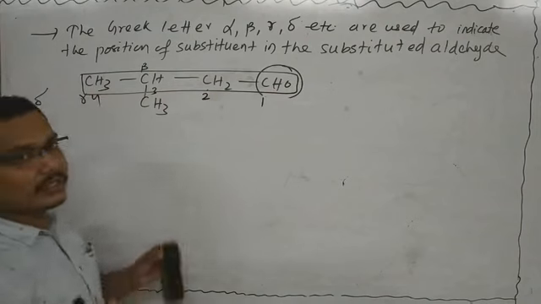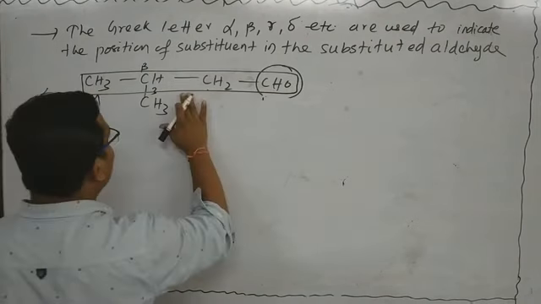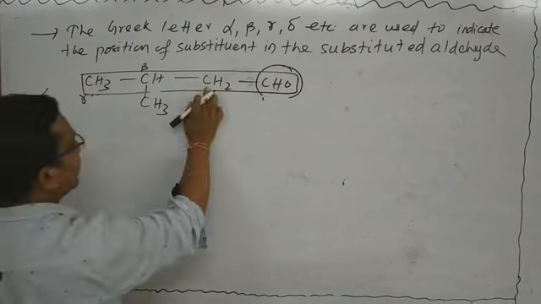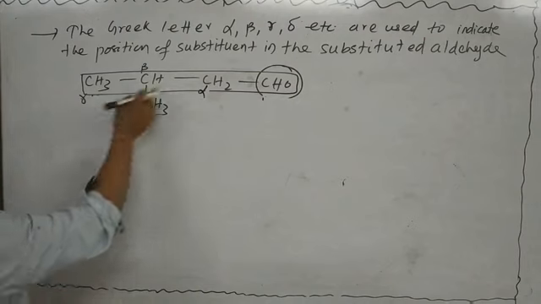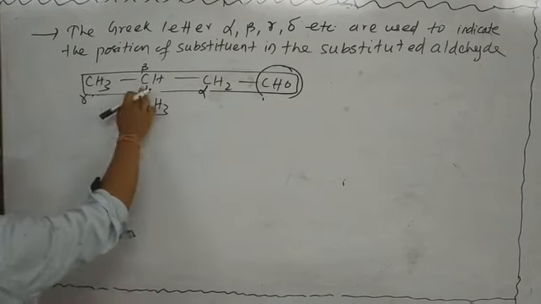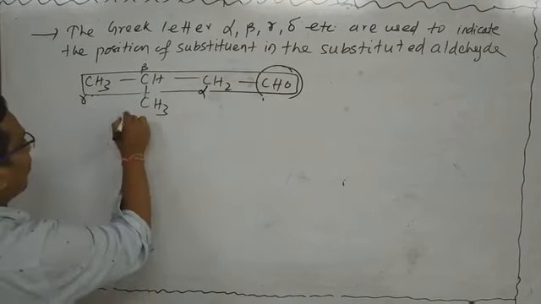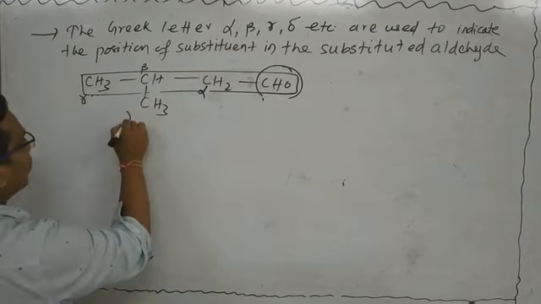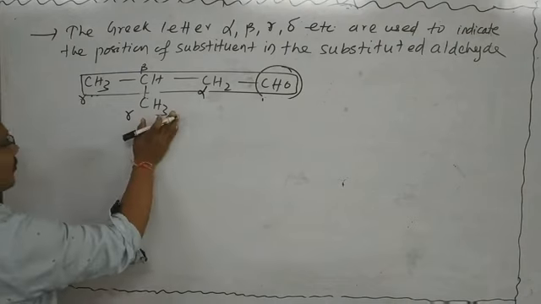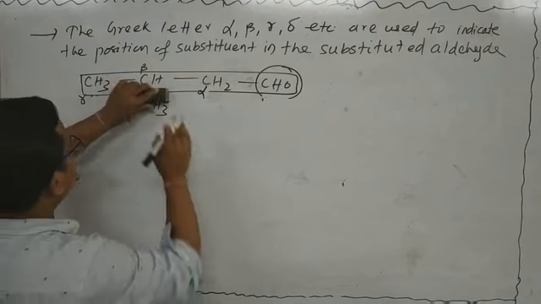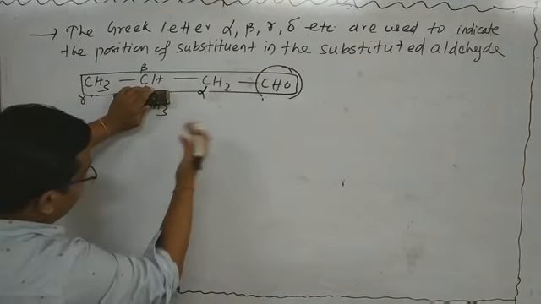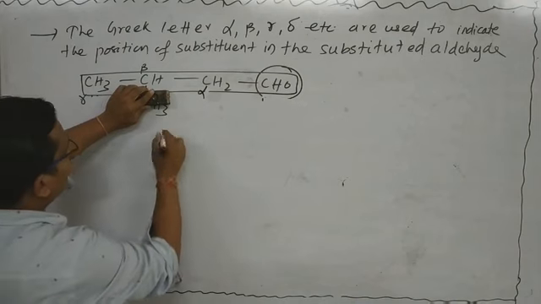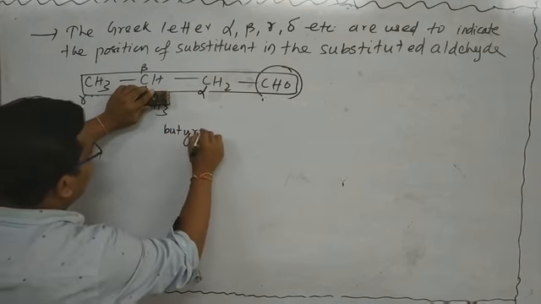This is according to the IUPAC name, but here, according to the common name, we number as alpha, beta, gamma, and delta like this. Here alpha carbon is present, beta carbon is present, gamma carbon is present. This is also gamma carbon. And what will be the name of this compound? If you think only about this long chain, then the common name of this compound is butyraldehyde.